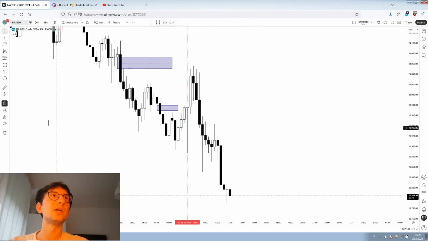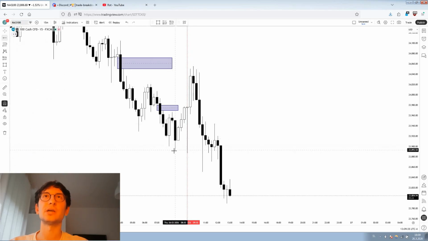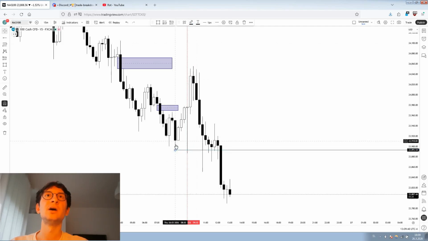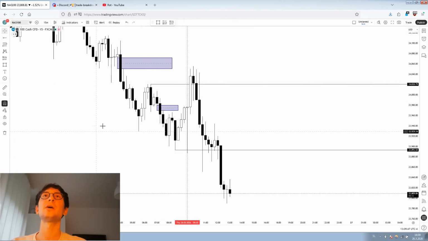And where is the closest swing low? It's right here, which at this point in time was still unmitigated. And where is the closest untouched swing high? It's over here.